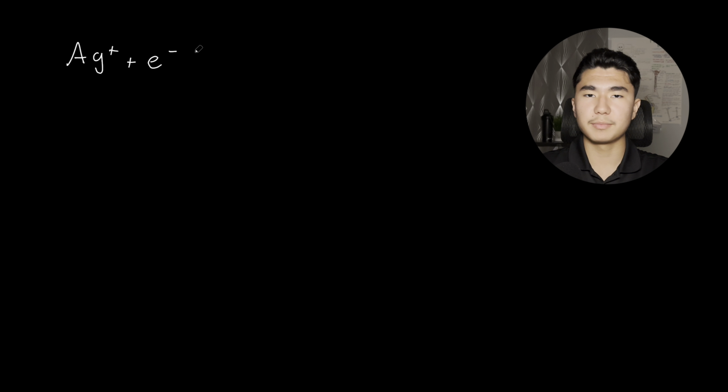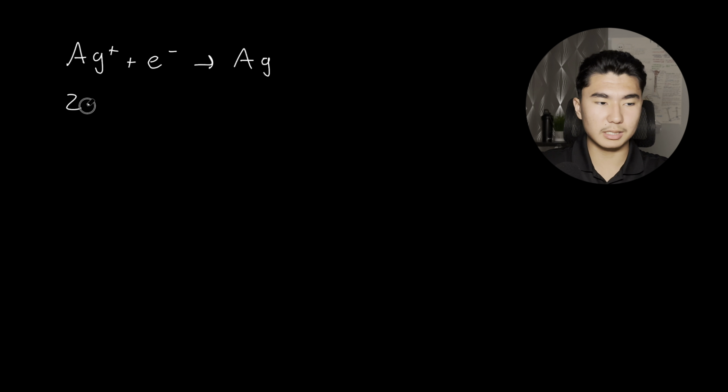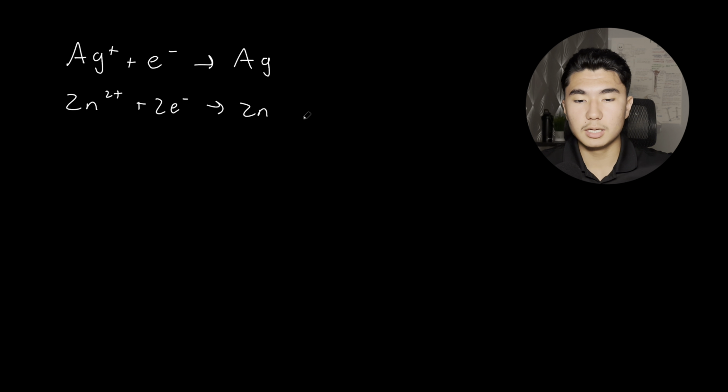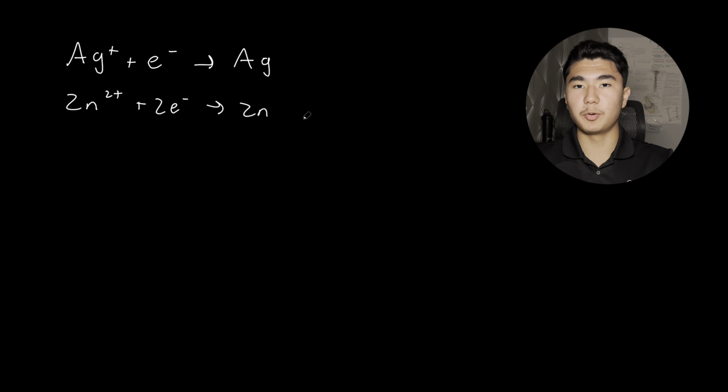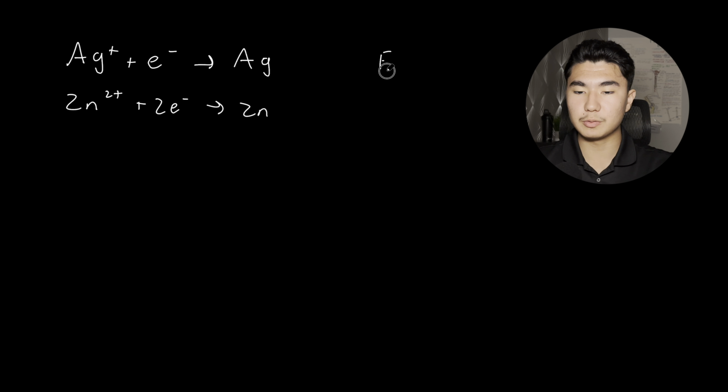Now let's do another question, with Ag plus and an electron, I keep saying e minus, let's just make it simpler. And we have Zn2 plus plus 2 of those electrons goes to zinc. Let me write those standard reduction potentials.